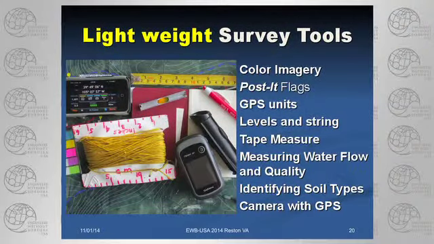One of the other items is what tools do you take? Well, if you carry a transit that weighs 35 pounds, you're not going to take it in your backpack very easily, or a tripod is really difficult to carry more than a couple miles.